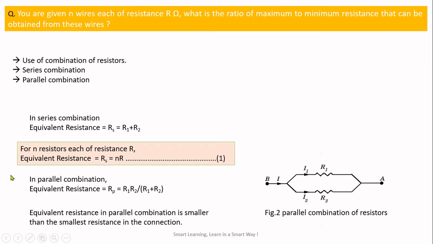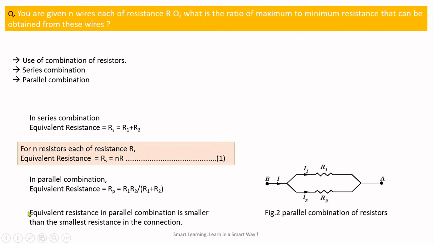Similarly, for parallel combination of two resistors of resistance R1 and R2, the equivalent resistance Rp is equal to R1 times R2 divided by R1 plus R2, and the circuit diagram of the parallel combination of these two resistors is shown on the screen.